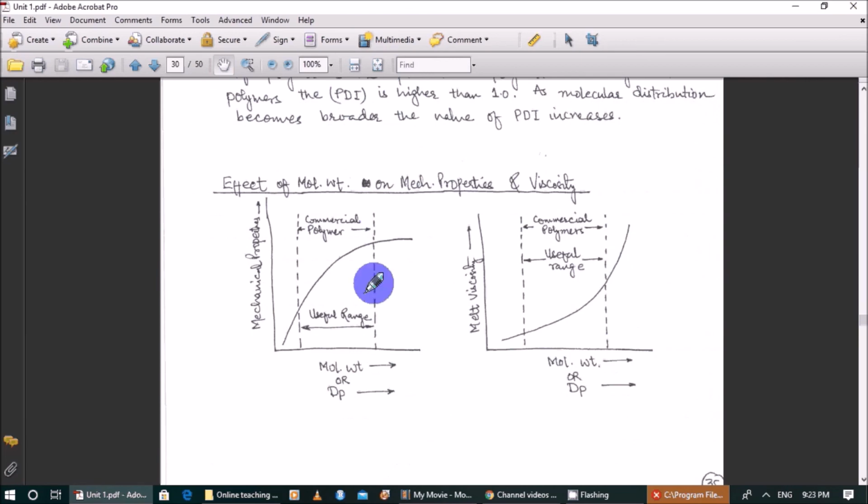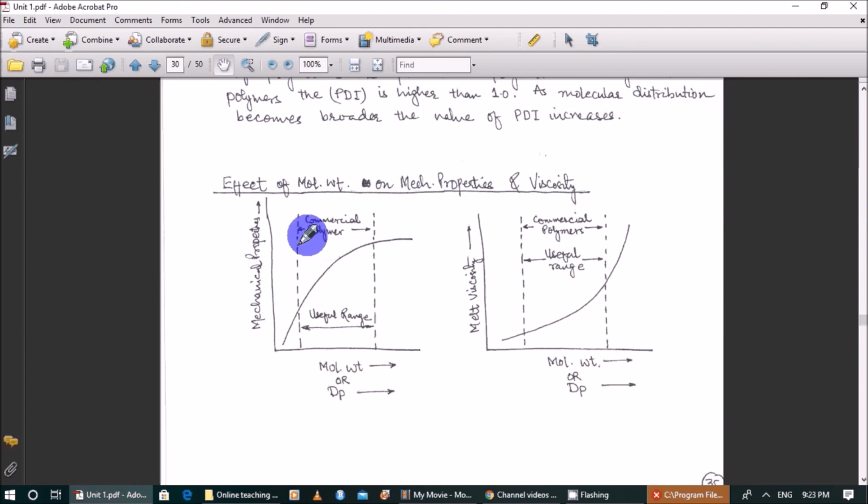So if we go beyond this dotted line range on the right hand side, which is plotted here also, then what will happen, we will not achieve much increase in the mechanical strength, but we'll get a polymer which is much more viscous and difficult to handle.